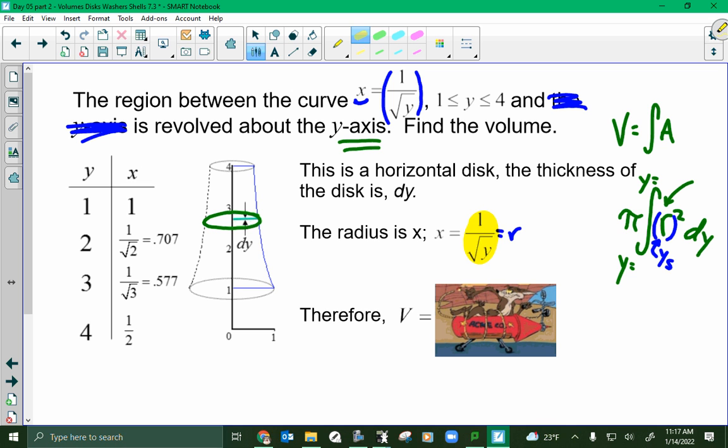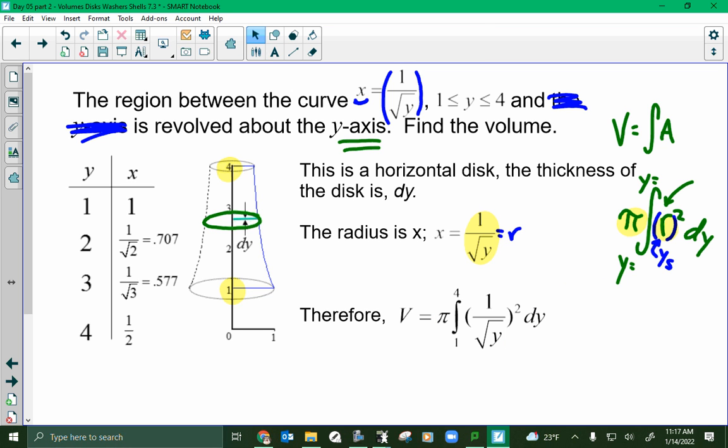If I put this expression right here, I leave the pi out here, and my bounds are from 1 to 4. We end up with the following: pi times the integration from 1 to 4 of my radius squared dy, and the radius is 1 over the square root of y. So let's go ahead and do this.